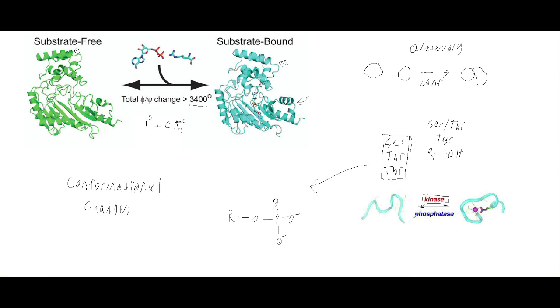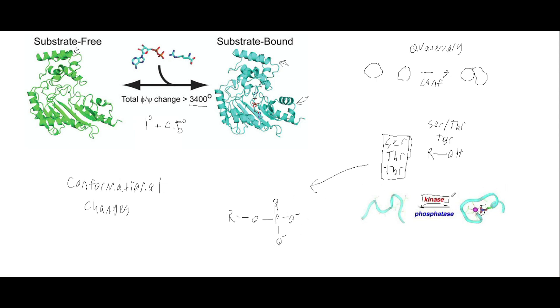So we see that if we add a phosphate onto here, then it changes the conformation of this polypeptide, because now we can have, for instance, this amino acid here making an ionic bond with the phosphate on here because of the charge on this phosphate.